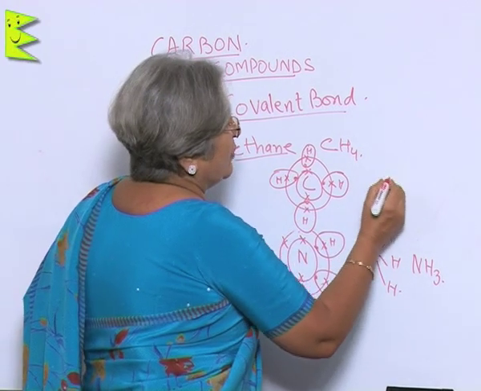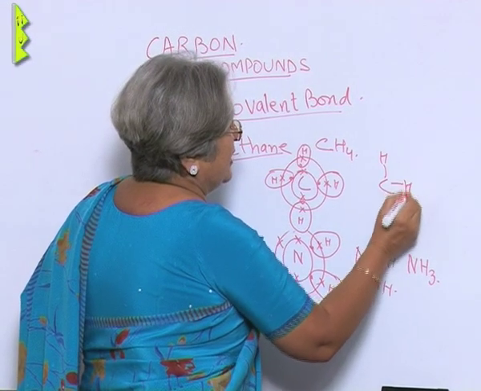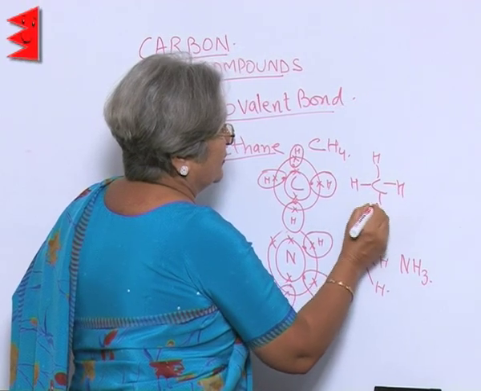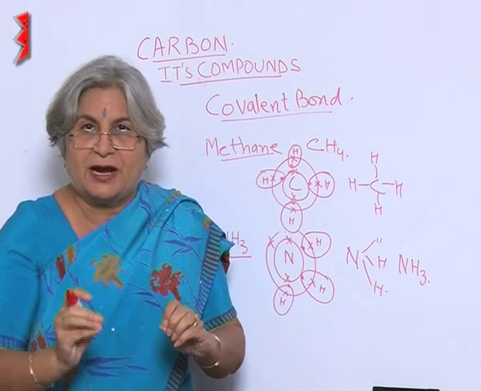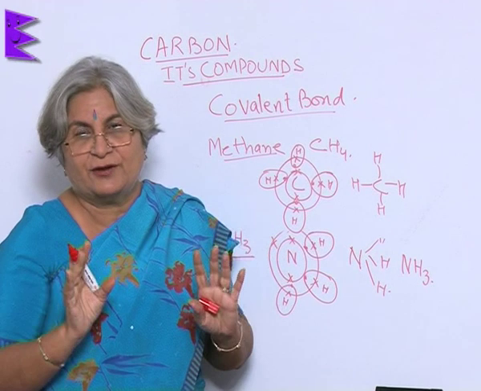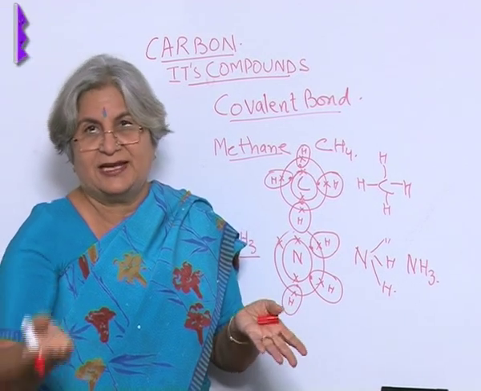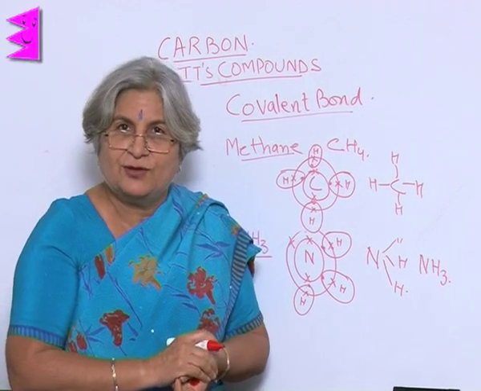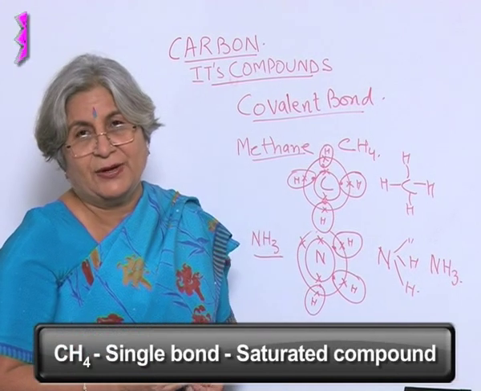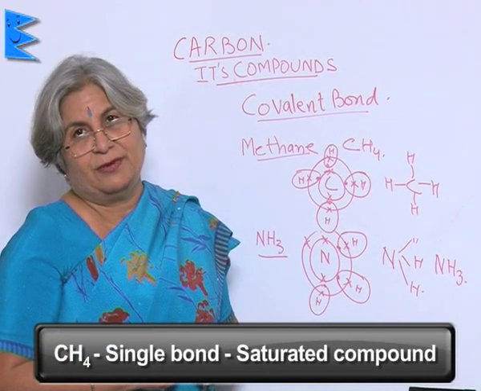So, basically what we get is CH4, 4 electrons of carbon and 1 each of the 4 hydrogen, total is 8, and each hydrogen is also getting 2. So, here also there is a single bond and a saturated compound.